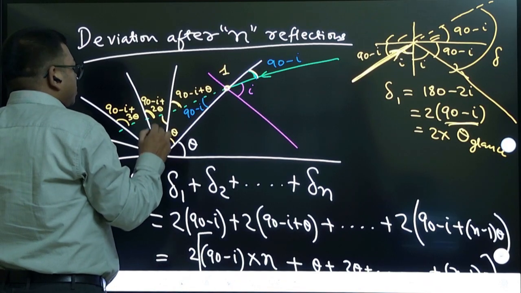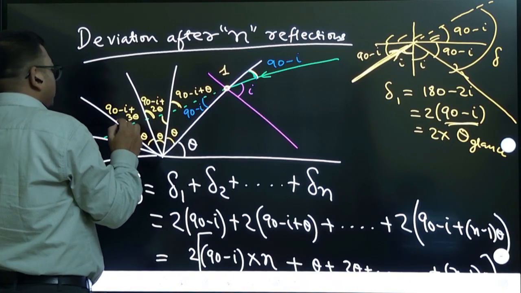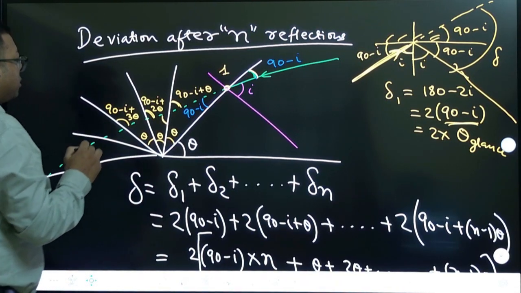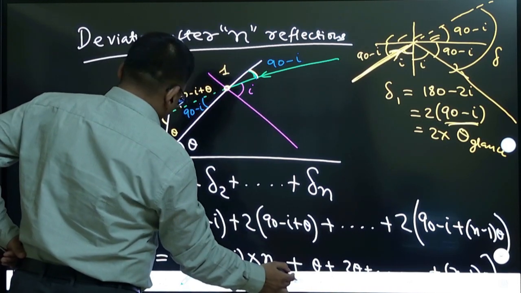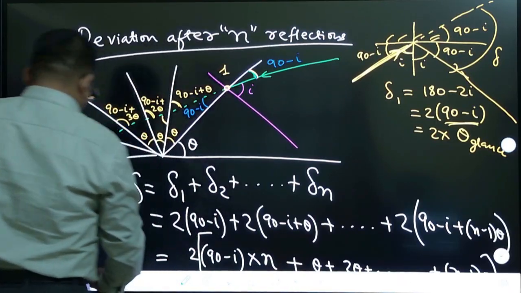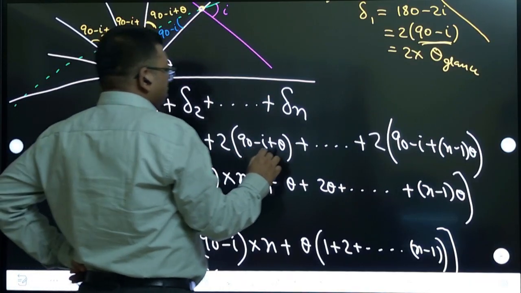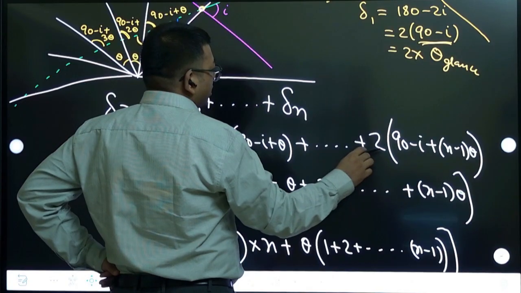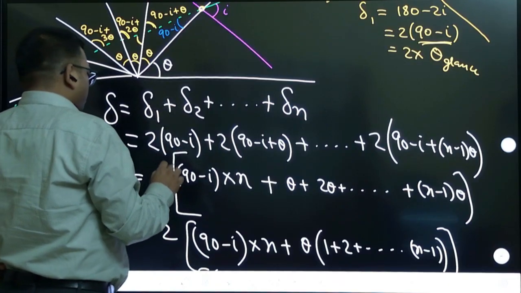And then this is also theta, this is 90 minus i plus 2 theta, like that 90 minus i plus 3 theta. So like that we are doing it, correct? Yes. Are you able to see that? 90 minus i, plus 90 minus i plus theta, like that 90 minus i plus n minus 1 theta. Is there any mistake in this?